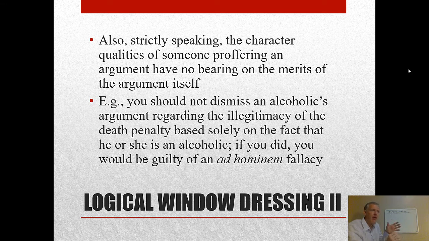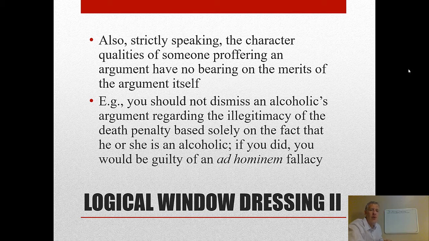But strictly speaking, when it comes to what Joe Blow's arguments are for the death penalty or against it, his character, whether flaws or positives, has no bearing on what he's saying from a logical perspective. So we don't want to be swayed by someone who says that sort of thing. Don't listen to what Joe Blow says about the death penalty, he's an alcoholic father. Well, what does it have to do with his arguments for or against the death penalty? It has nothing to do with it.